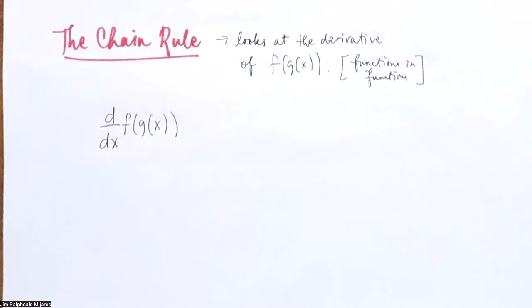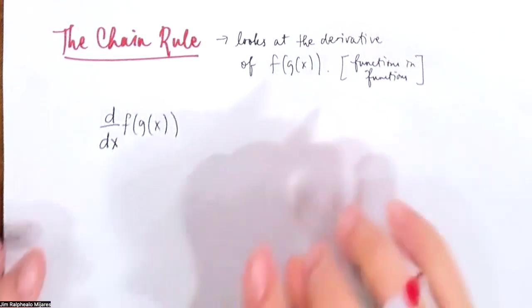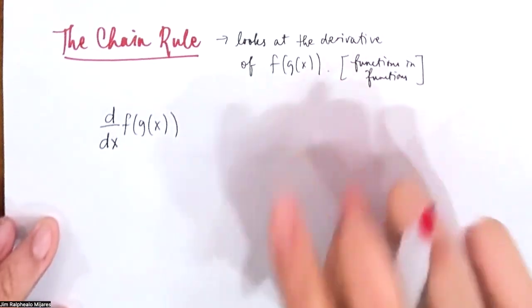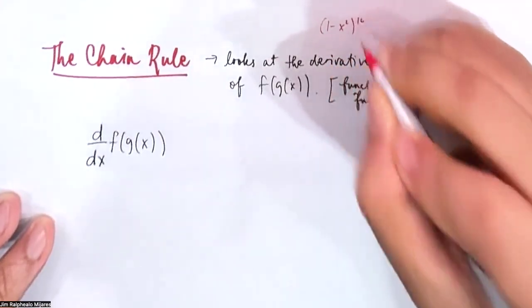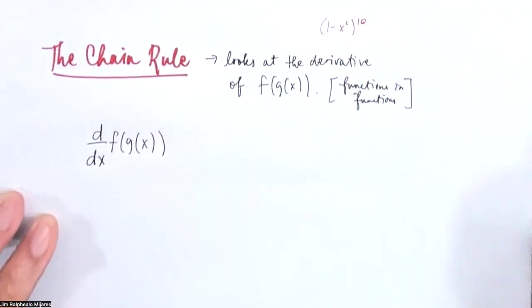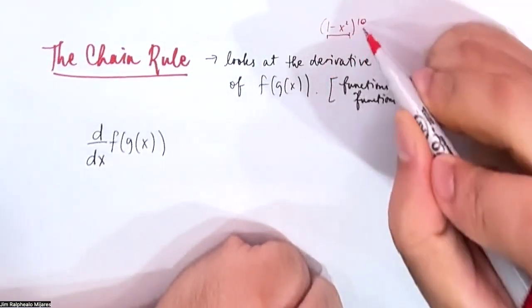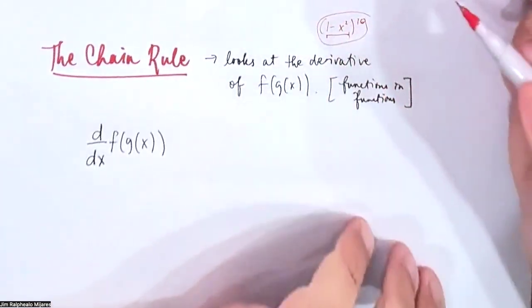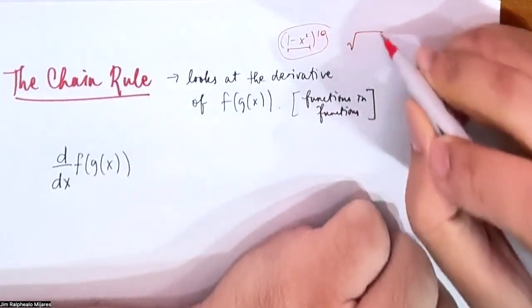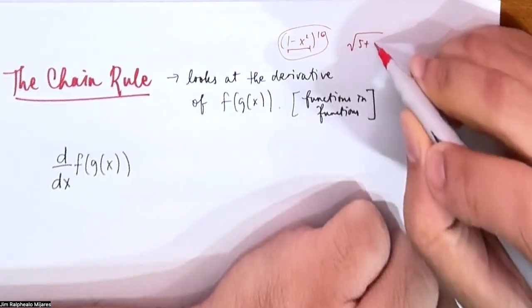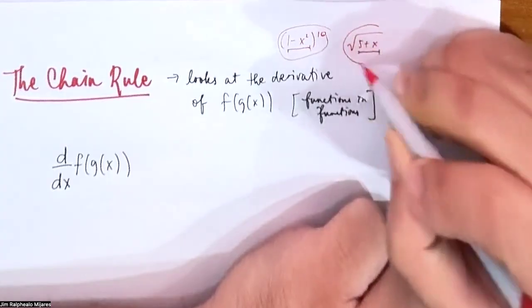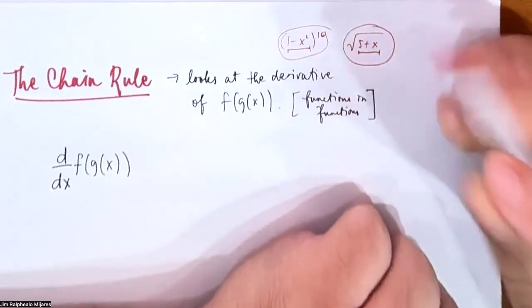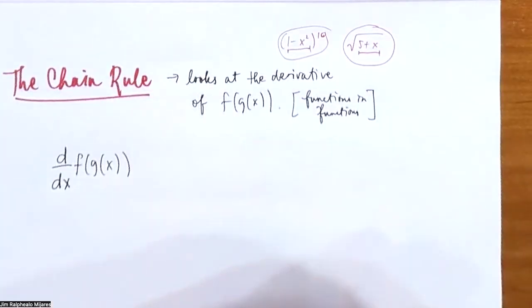A function that is probably like this, something like 1 minus x squared to the 10th, for example. So we see that it's a function inside a larger function. Another example would be square root of 5 plus x, for example. So this is a function inside a larger function. When you see a function in a function, that's what the chain rule is for.